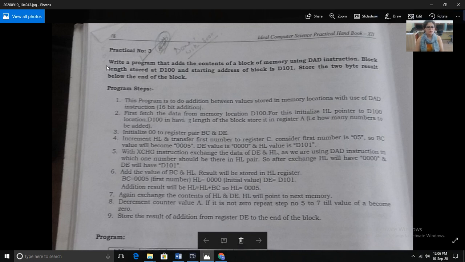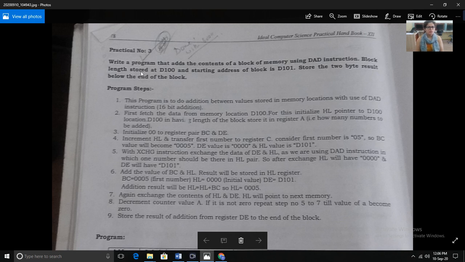Program number third is: write a program that adds the contents of a block of memory using the DAD instruction. So you have to use the DAD instruction. We have already studied this instruction in the 8085.